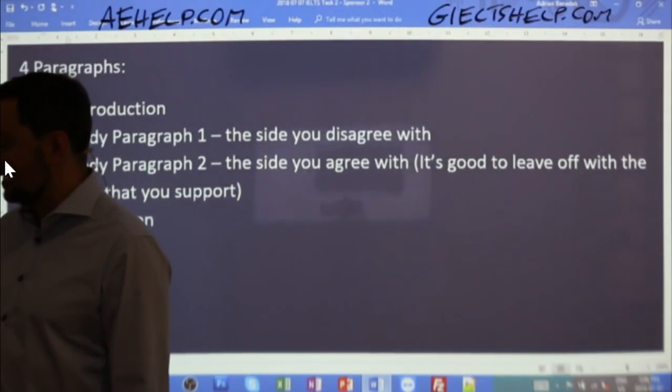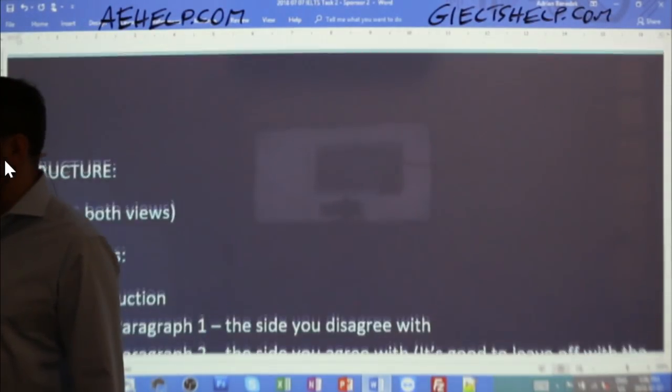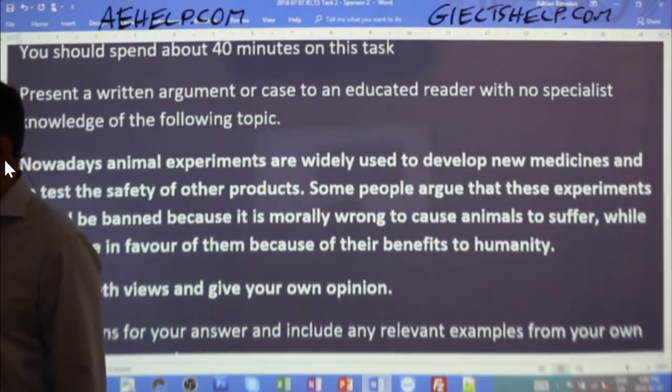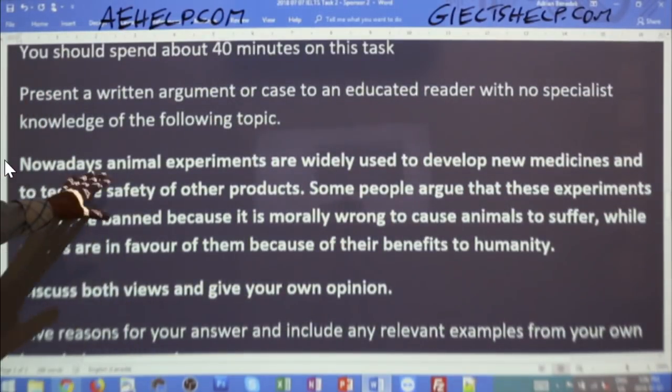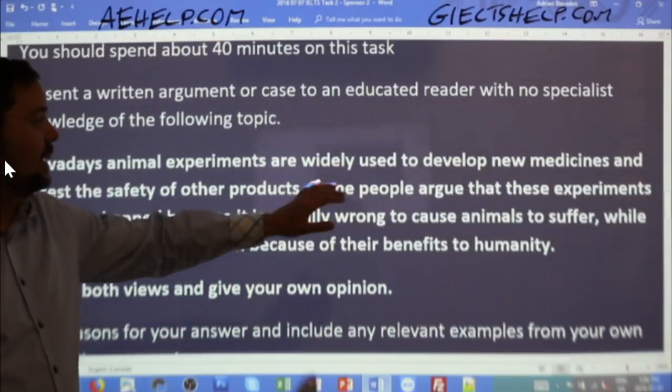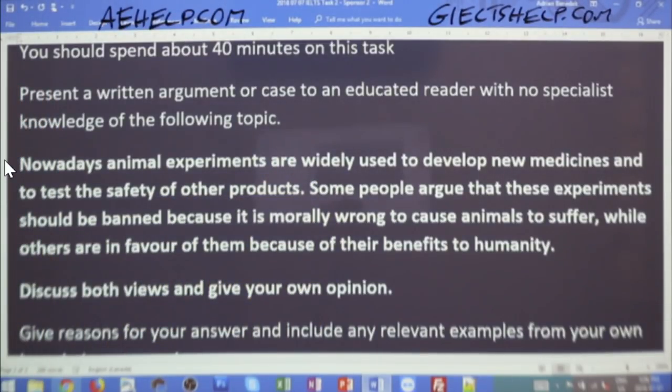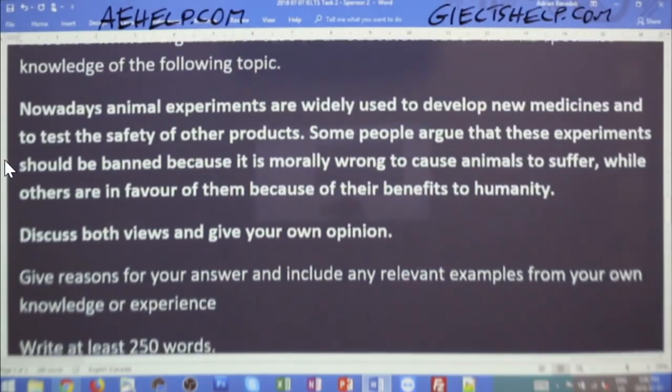We'll get into the example as we write the essay here. Before that, we're looking at this question. So nowadays, animal experiments are widely used to develop new medicines and to test the safety of other products. So let's paraphrase this.